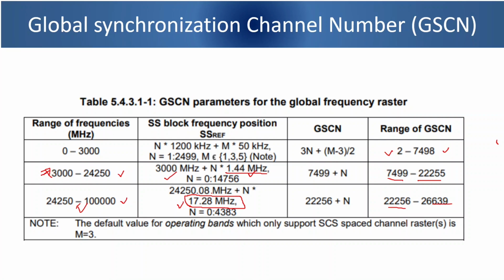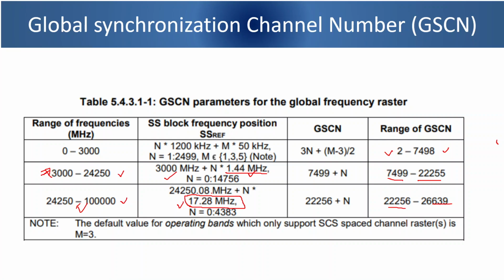So here they have defined, in the first range, I'll show you. I think now there's a need to show that Excel sheet to you. In the first range, these are existing bands up to 3 gigahertz. If you recall, these are all being used by 2G and 3G, and the bandwidth available is less. So here the step size is 100 kilohertz and 1000 kilohertz.